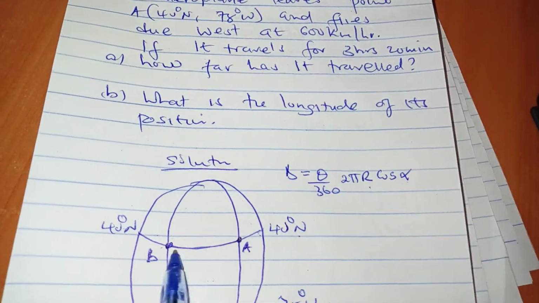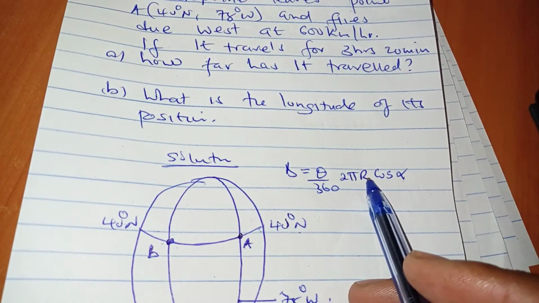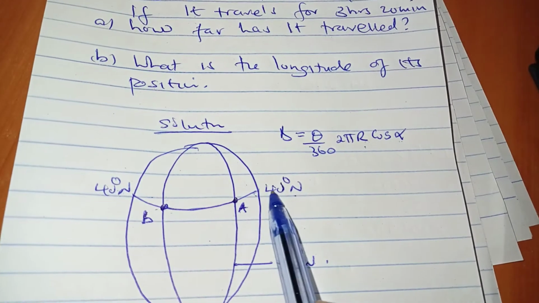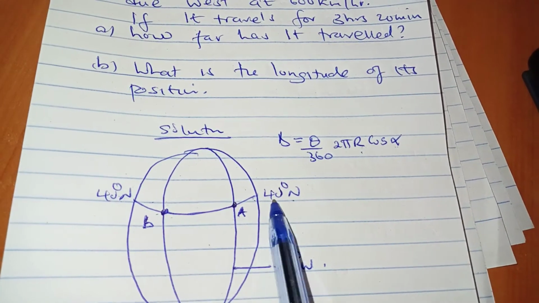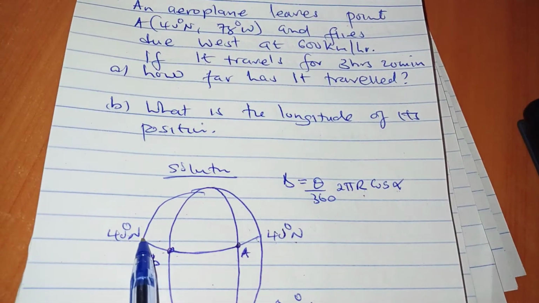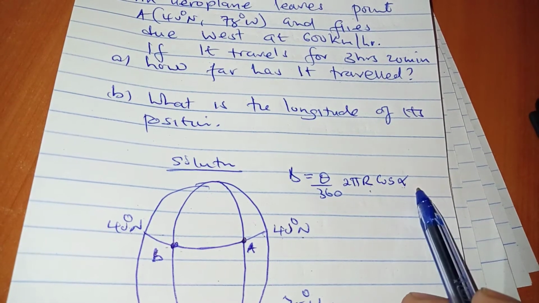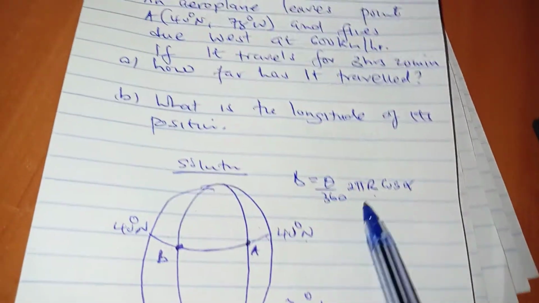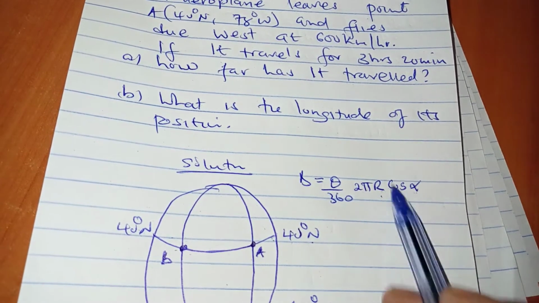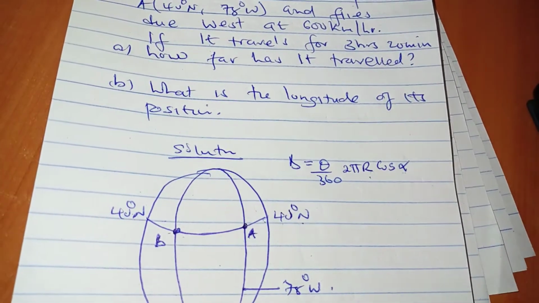My theta is this longitudinal difference, my capital R is the radius of the earth, and alpha represents this latitude here. Because this distance is in the small circle, that's why I have this extra factor here, R cosine of alpha. Had this one been a great circle, I wouldn't have this cosine of alpha. I would only have theta over 360 times 2 pi R.